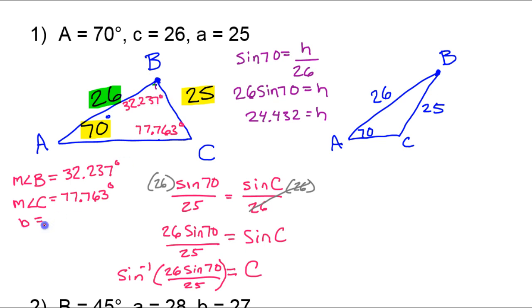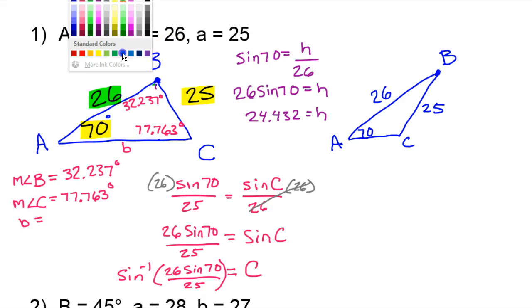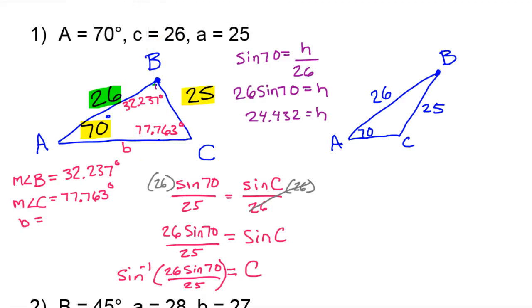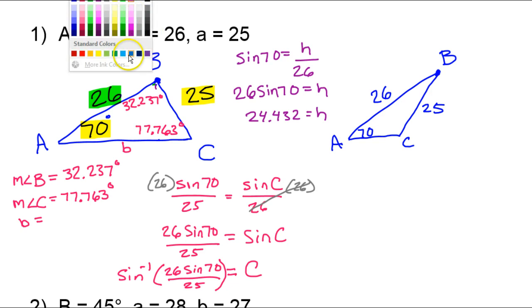Okay, that just leaves side B that we need to find. And of course this is side B over here. So we can find side B using the law of sines one more time.